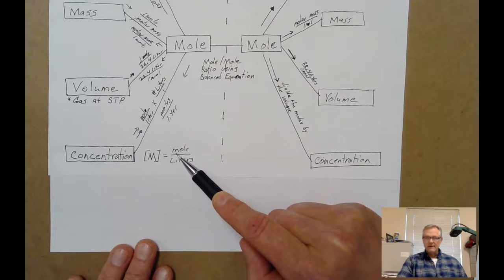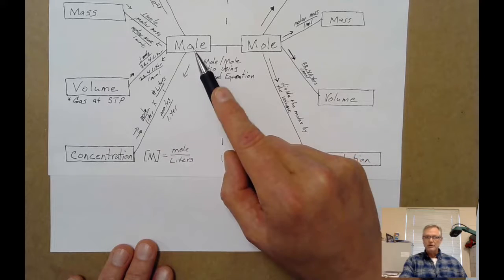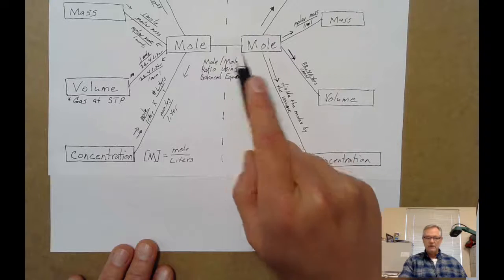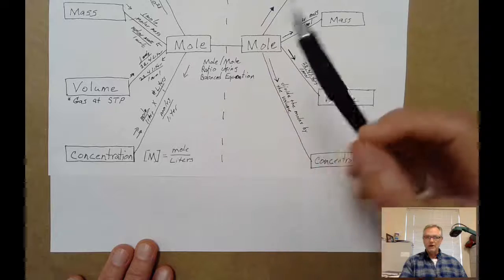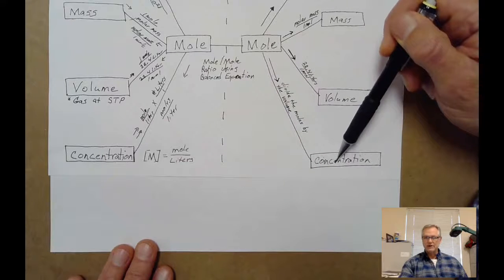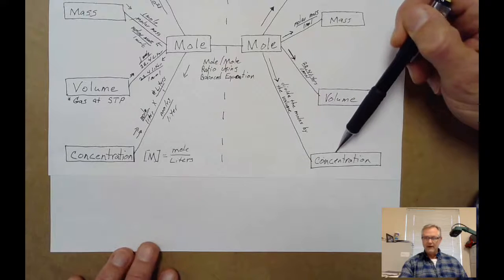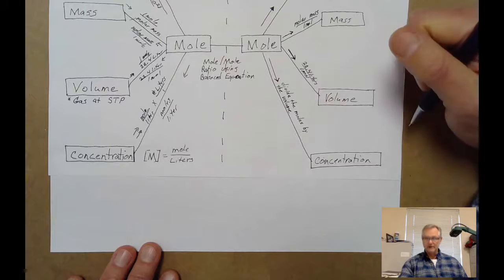It doesn't matter how you get just to moles, but once you get to moles, if you have a balanced equation, you can then do a mole-mole ratio. And then from your mole-mole ratio, you can now go back down and find the concentration. So all you have to do is know what the final volume is going to be, and you'll be able to determine the concentration of it.